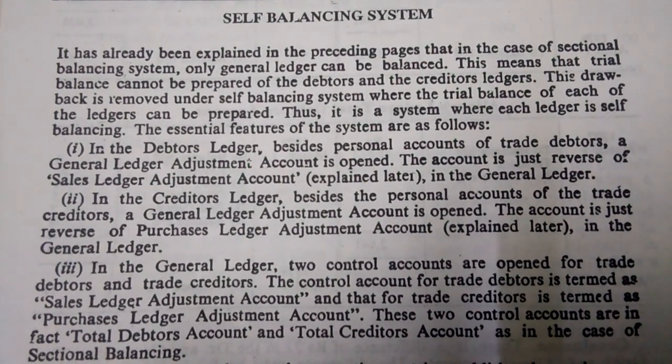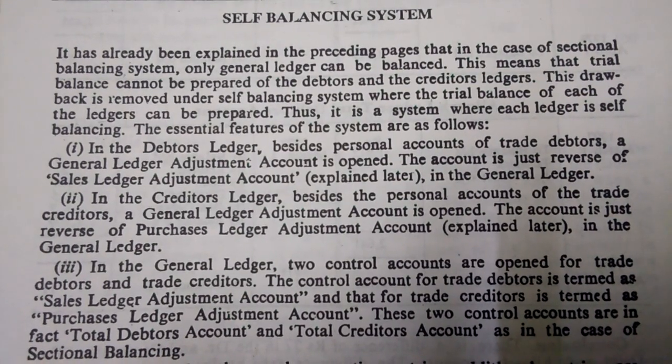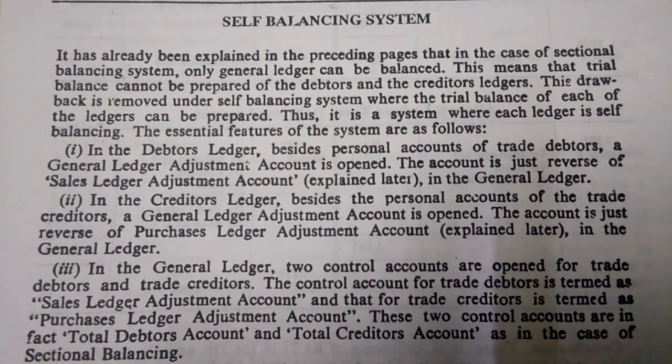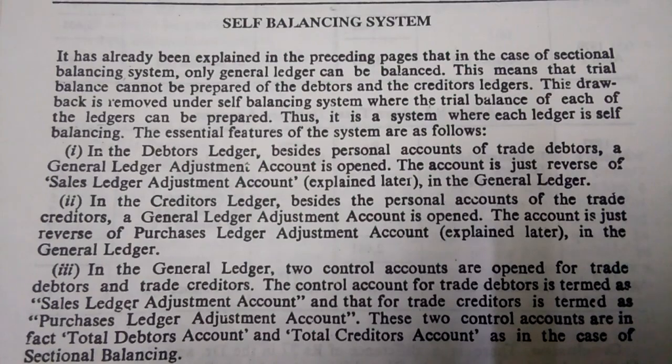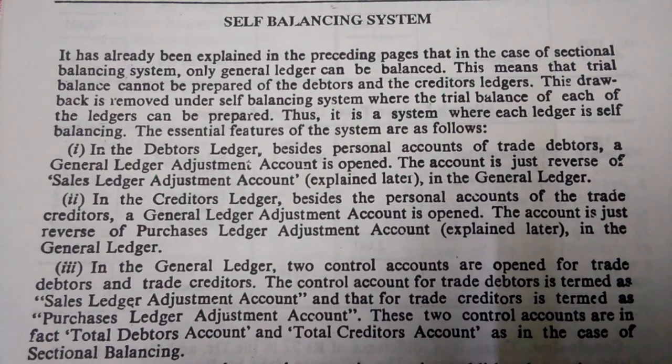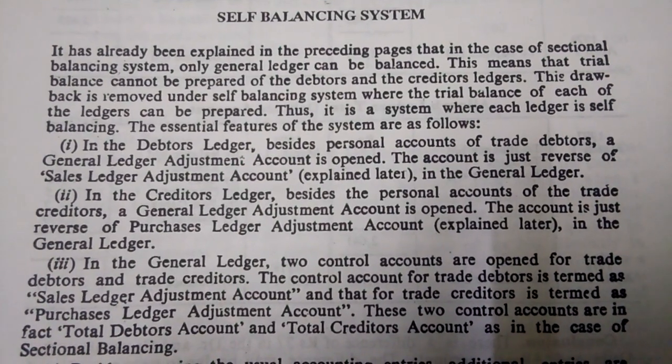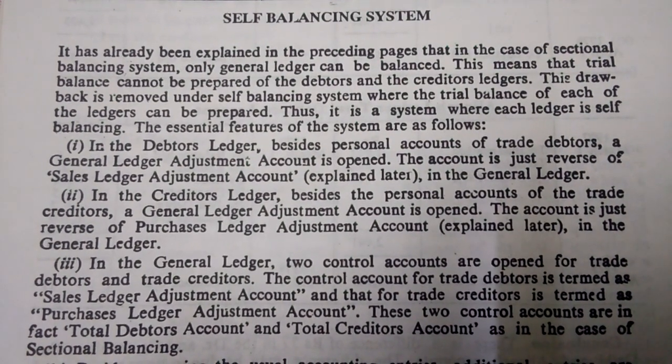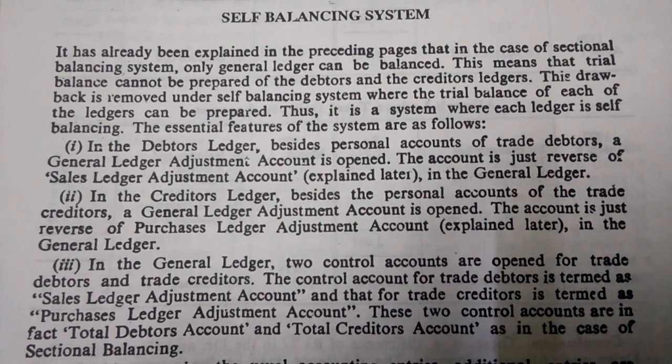This drawback is removed under the self balancing system, where the trial balance of each of the ledgers can be prepared. Thus it is a system where each ledger is self balancing.